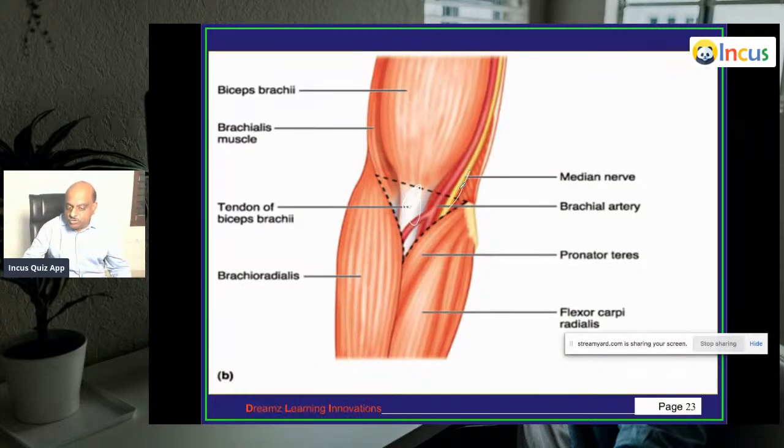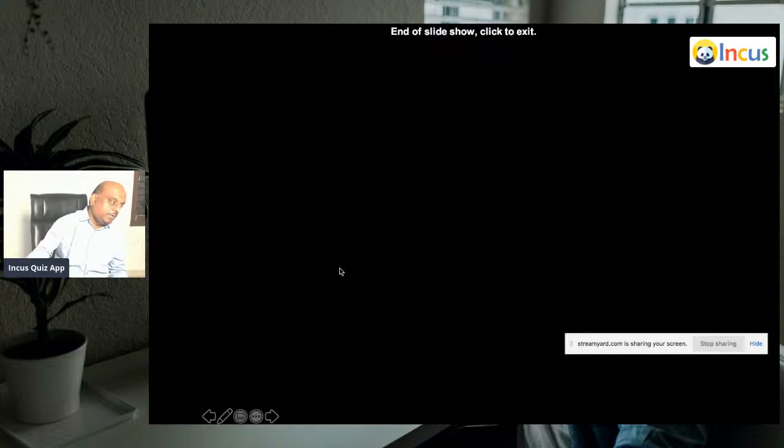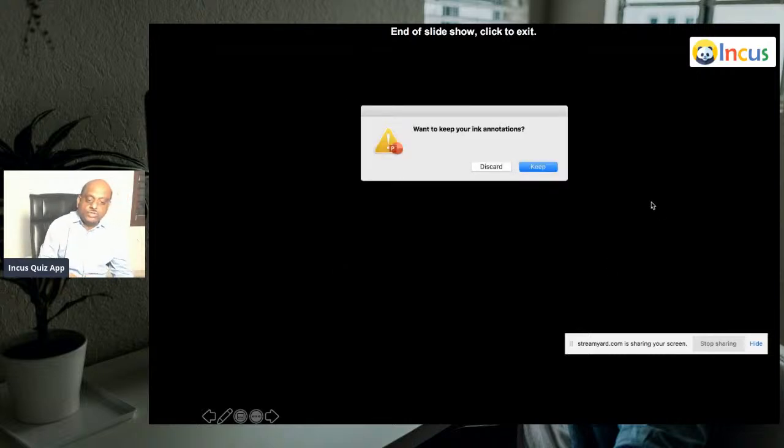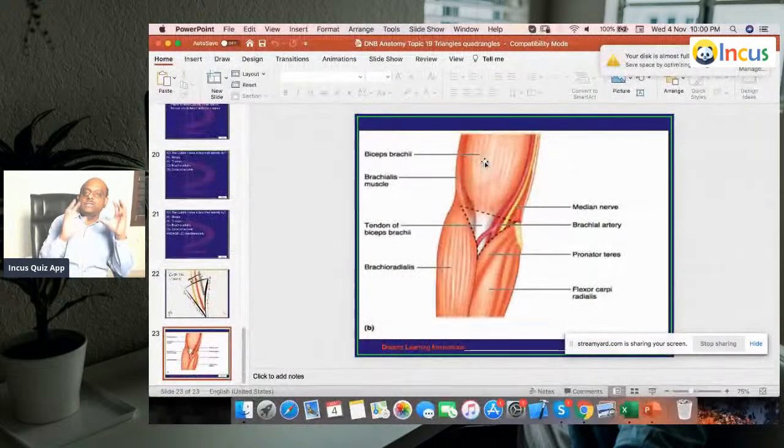So the nerve is most medial, followed by brachial artery, followed by the tendon of the biceps brachii. So these are the important boundaries which you need to understand. So doctor, once more, triangles and quadrangles. One of them is going to come in your tomorrow's exam.